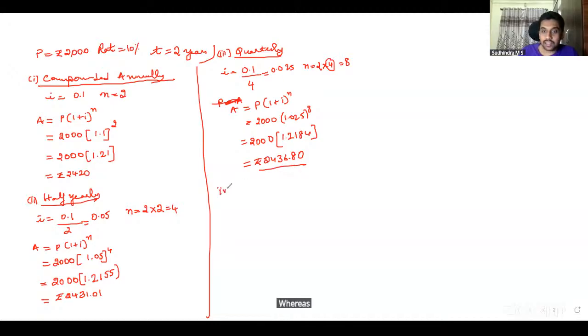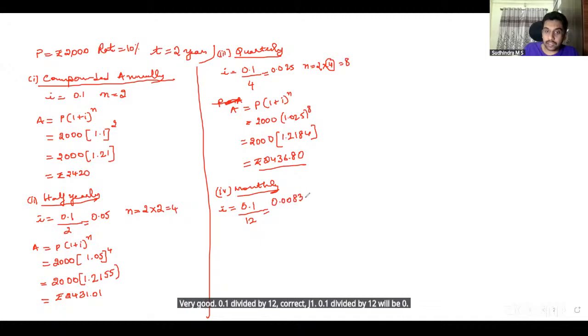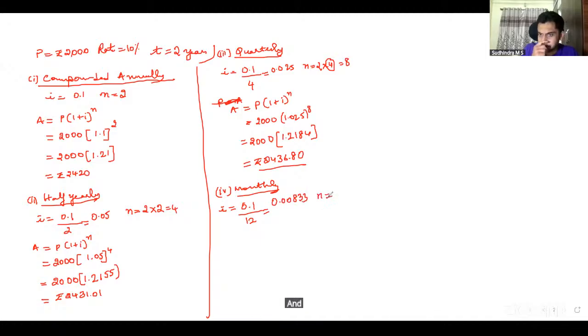Whereas lastly, if it is compounded monthly, I will be 0.00833. Very good. 0.1 divided by 12. Correct, Jivan? 0.1 divided by 12 will be 0.0083. And n will be 24, 2 into 12. So A is equal to P into 1 plus I to the power n.